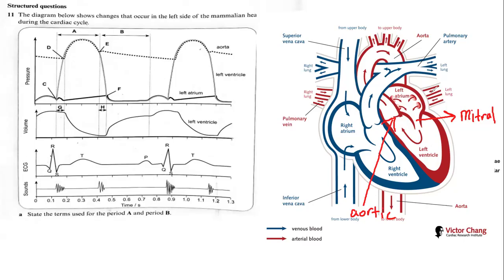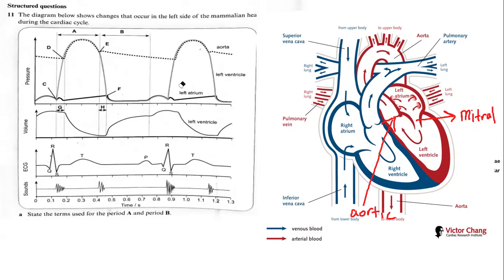I think that's Haley. So blood is coming down here, right? Blood is coming down here, and blood is being collected, right? So eventually, what's going to happen is the left ventricle is going to what? It's going to contract.